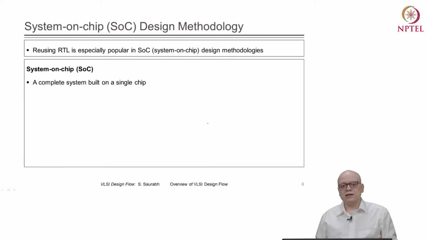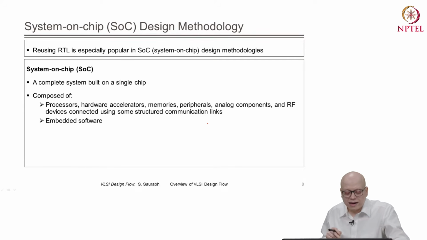But with the increasing level of integration, now in a given chip, we can embed all those things together inside one chip, and that chip in which the various components are integrated together is known as system on chip or SOC. Now, what can an SOC consist of?